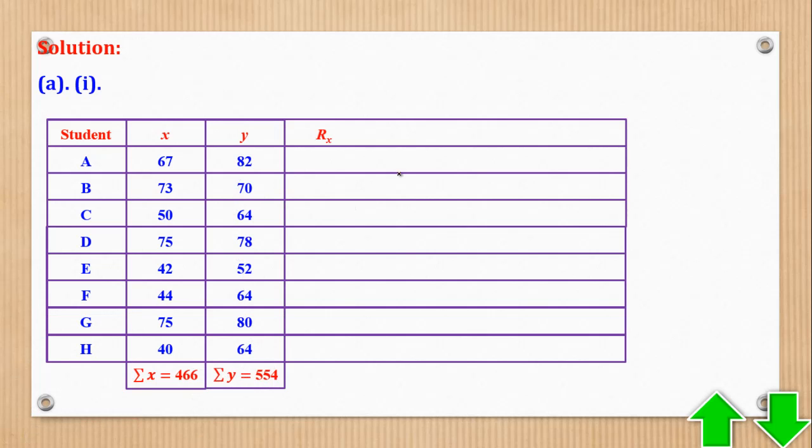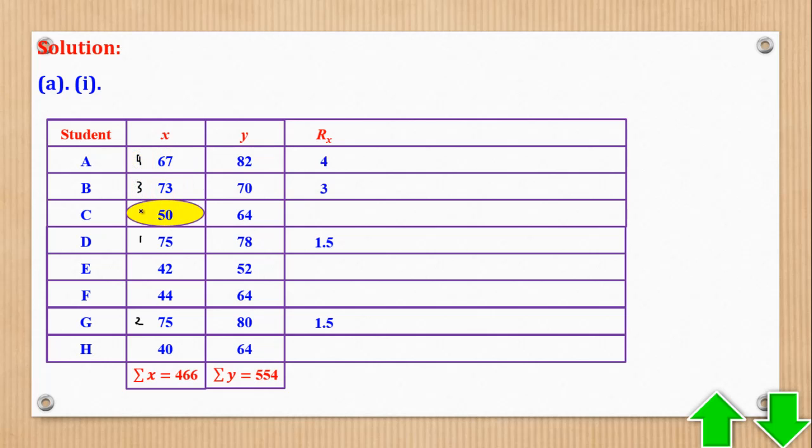So now we shall begin to rank. Ranking means we rank in descending order. But these two are identical, so the would-be positions would be 1 and 2. So the average of 1 and 2 is 1.5. So both of them will get 1.5, 1.5. The next will be 73, which is position 3. Next would be 64.7, which is position 4.